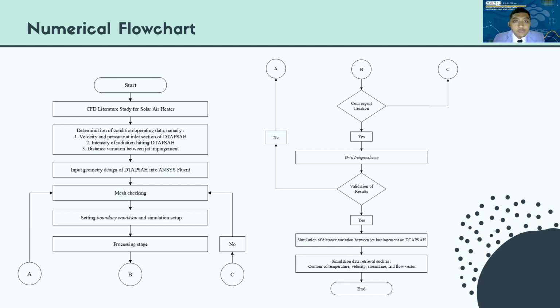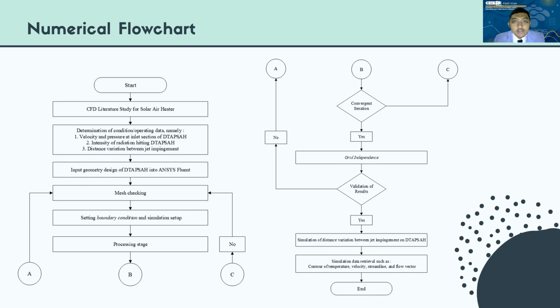After that, we can input the geometric design of DTAP-SAH into Fluent, and then we can do the pre-processing stage or meshing. After that, we do the mesh checking, and then we can do setting boundary condition and simulation setup, and the next stage is processing stage.